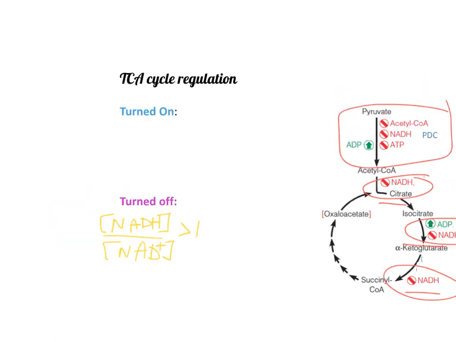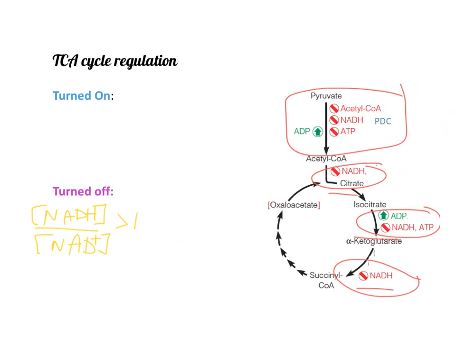And one of these also is regulated by, so this one right here is your rate limiting step, and that's also regulated by ATP. So that is a high energy signal. When you have more ATP than ADP or Pi, greater than 1, that will turn everything off. And then the opposites, what turns them on, are your low energy signals, and those are just the opposites of these.